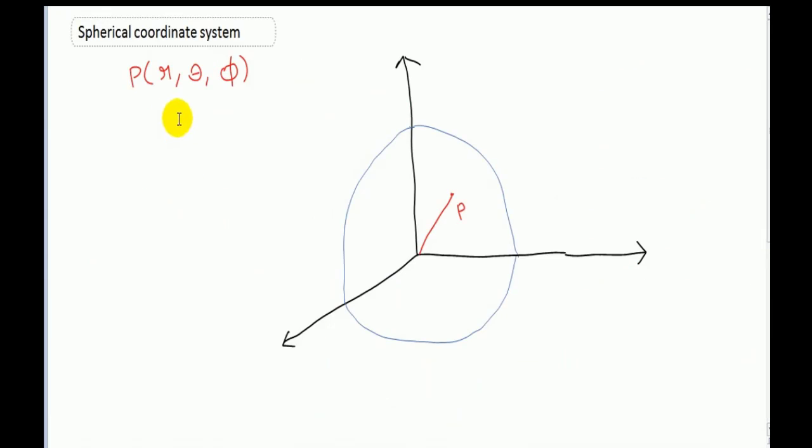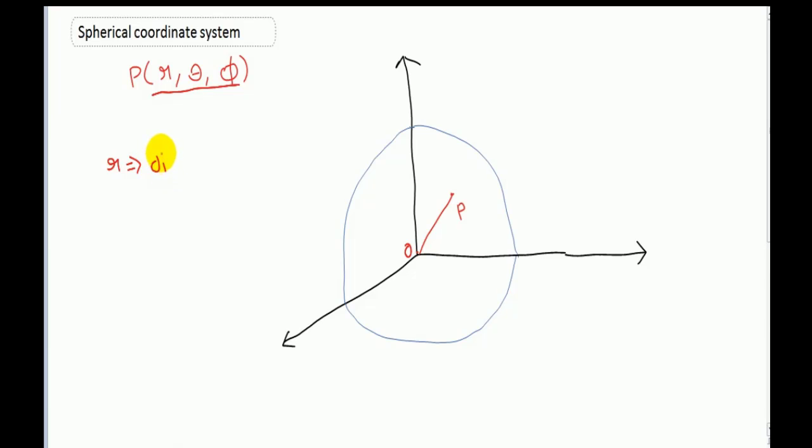Now we will study about spherical coordinate system. In spherical coordinate system also there are three parameters r, theta and phi. Suppose I am taking this point P having coordinates r, theta and phi. So what is r? r is the distance from origin. From origin O to P, the distance from O to P is r.